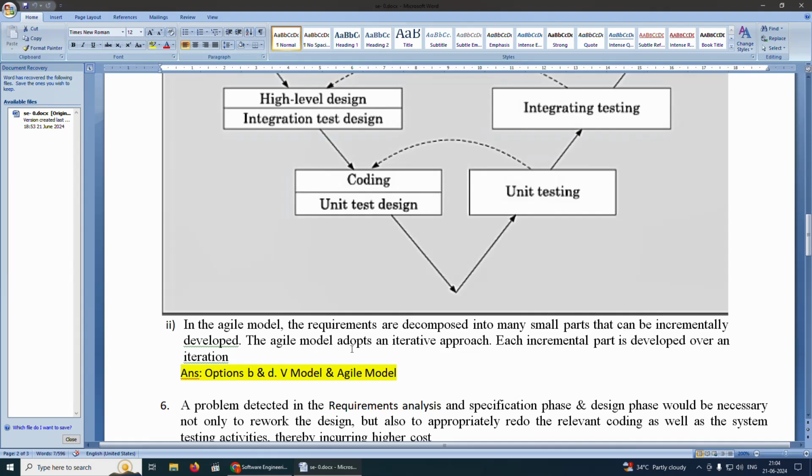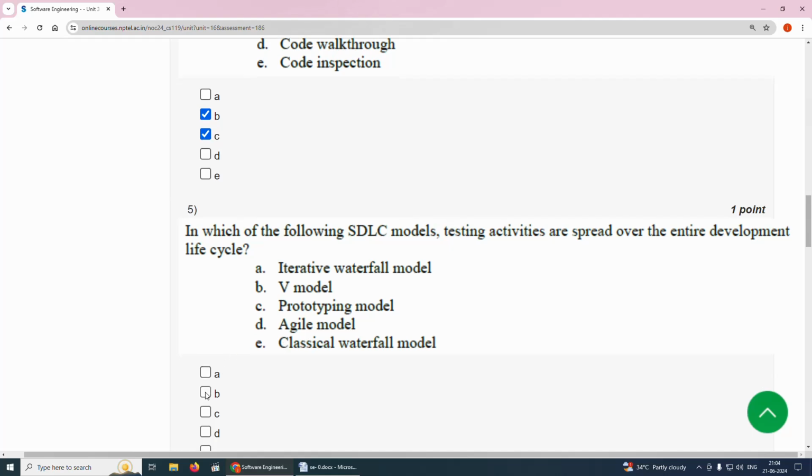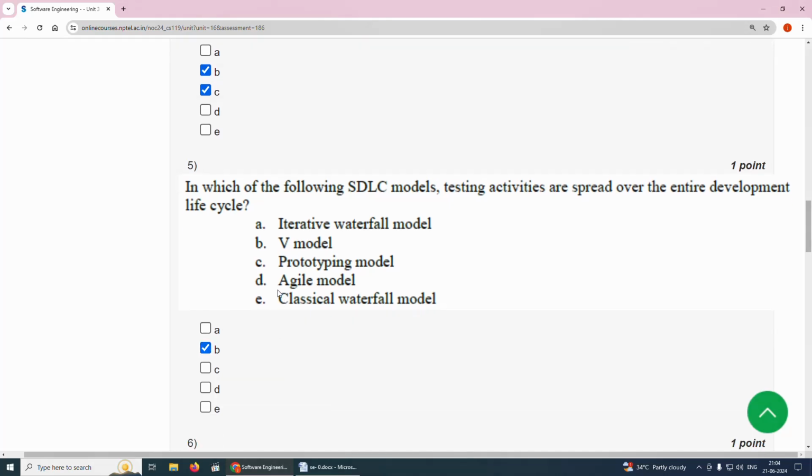The Agile model adopts an iterative approach. Each incremental part is developed over an iteration. So the answer is options B and D, V model and Agile model.